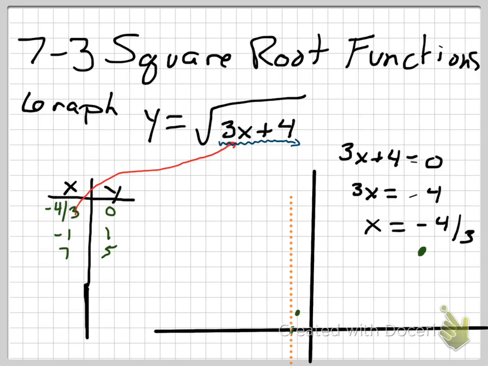If you want to just go in order, like I said, you can. There's no problem. Somebody else suggested we go 4. So we went 4 and got 4, 4. 3 times 4 is 12. 12 plus 4 is 16. Square root of 16 is 4. So that's where you get your y coordinate of 4. That's right there. All of our graphs are going to look like a sideways half parabola.